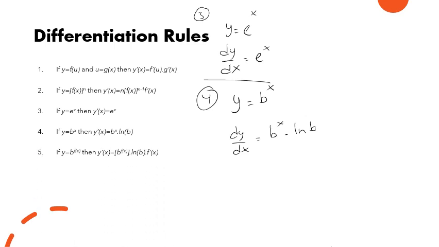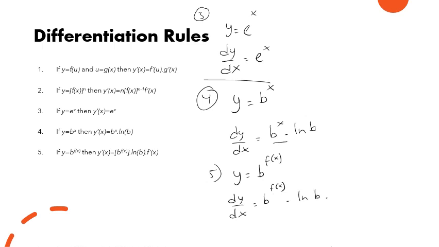And the fifth is, if y equals b to the power of function of x, then the first derivative of that will be the same as this, but now instead of x, you change the x with function x here, and then again ln b.